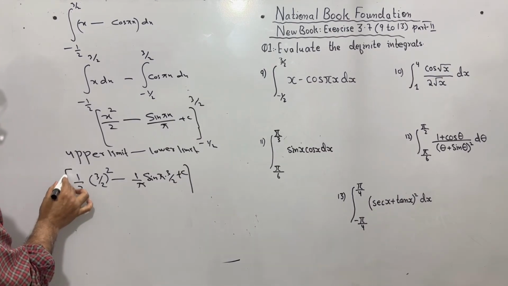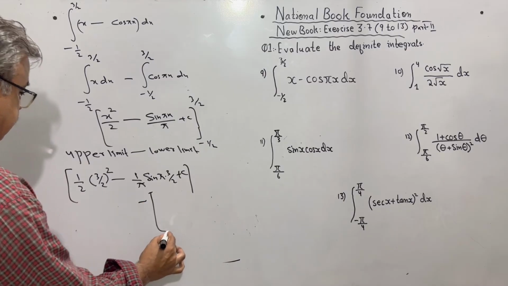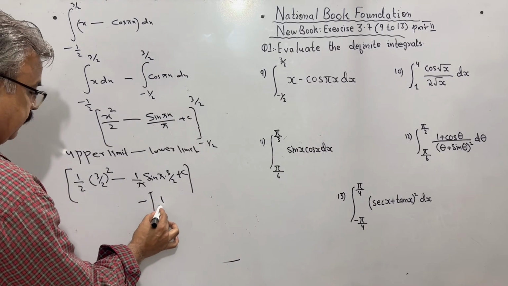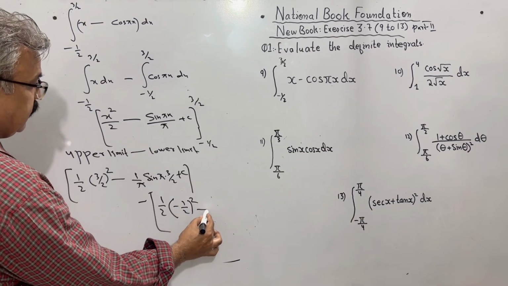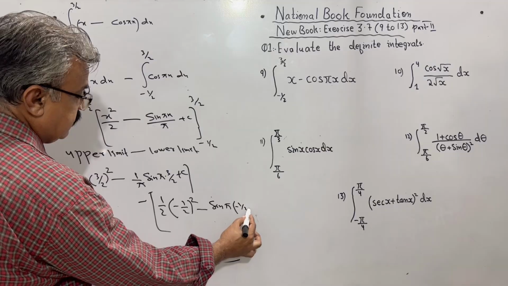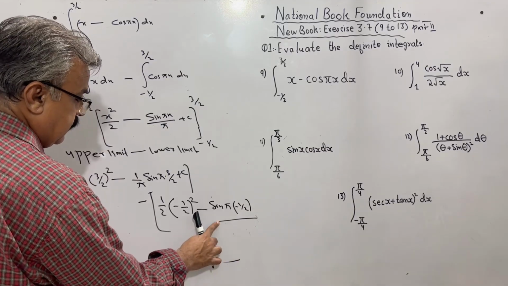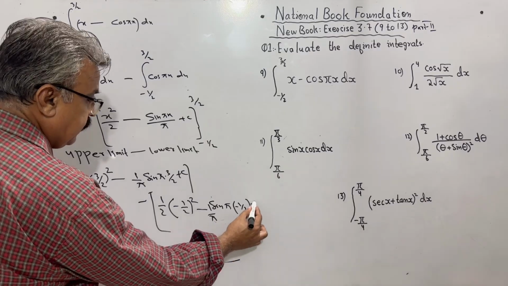That's our upper limit. Minus, writing lower limit same, 1 over 2, instead of x, minus 1 over 2 squared, negative sine pi times minus 1 over 2, dividing with pi, or writing 1 over pi in that style.